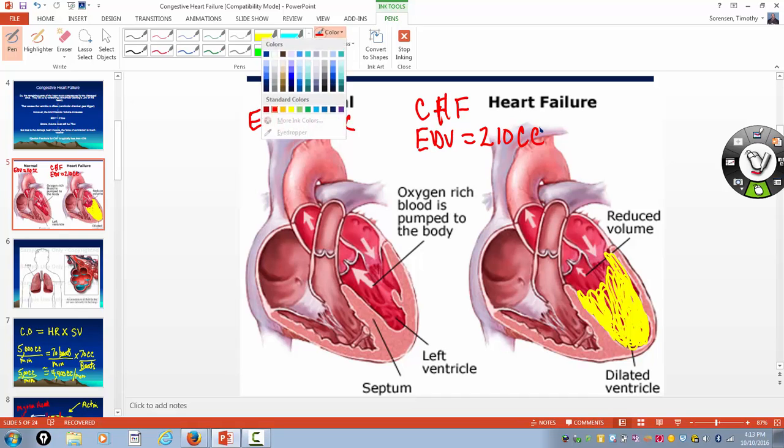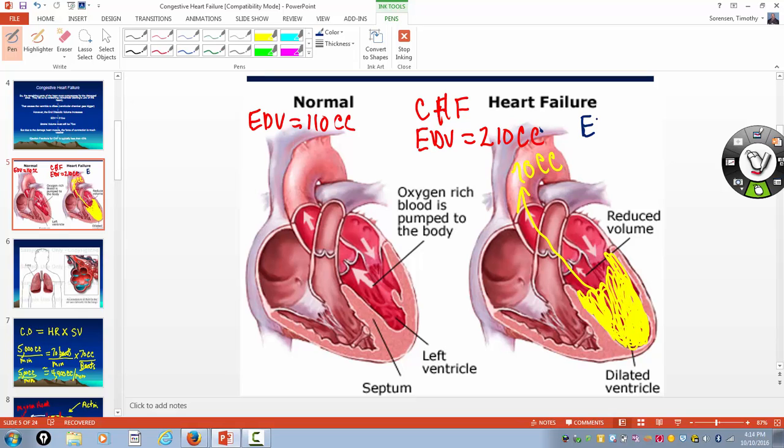But remember, the goal of the cardiovascular system is to maintain Q, maintain blood flow. So even though that heart is contracting weakly, they still got to pump out their 70 cc's. So their stroke volume still has to be 70 cc's. Remember that ejection fraction equals stroke volume divided by end diastolic volume.